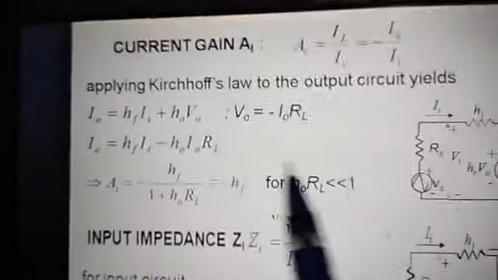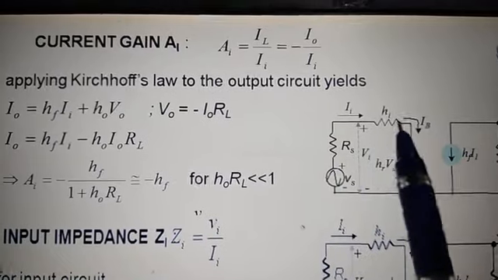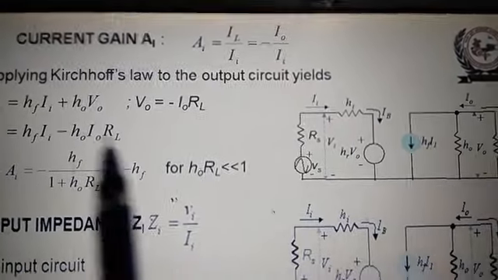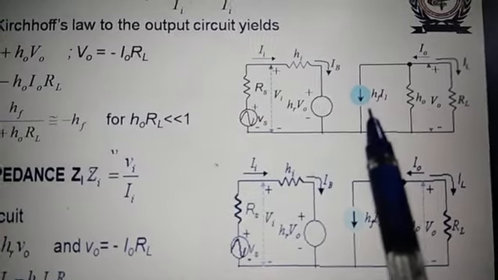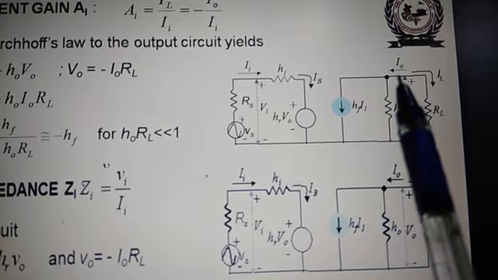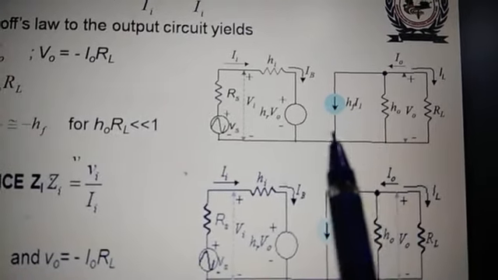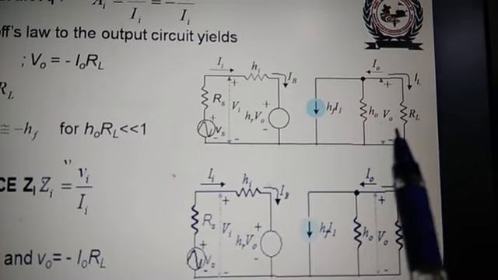Right? Now apply the Kirchhoff's current law to this loop here. Io is equal to this HF into I1 plus this HO into Vo. This current Io is divided into two parts. Io is equal to HF into I1 plus HO into Vo.